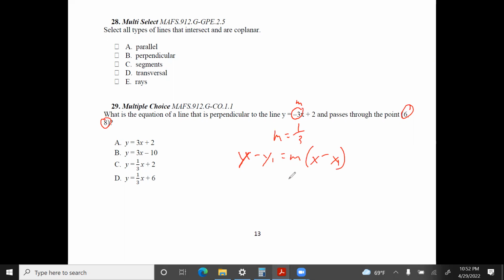Now, we already know our slope is 1/3. Our point is at 6, 8. So y minus 8 equals 1/3 times x minus 6. Now, this is not in any of the formats that are over here. All the answers are in slope intercept form. This is in point slope form. We need to simplify and get y by itself to get it to slope intercept.